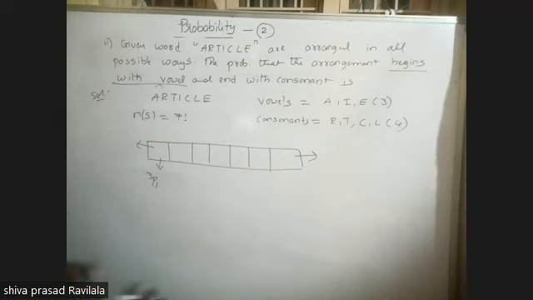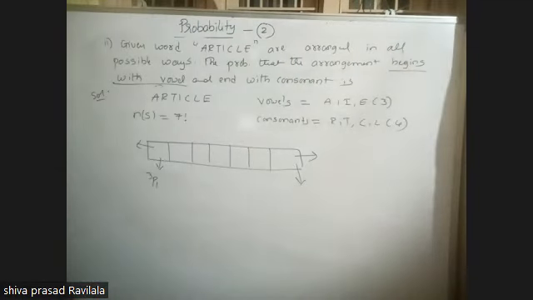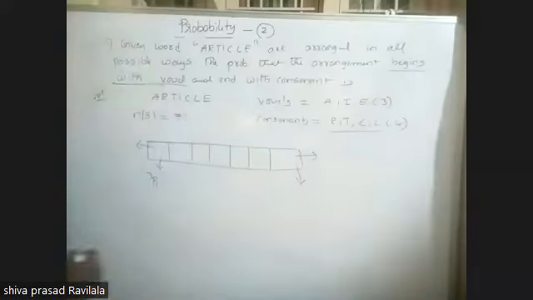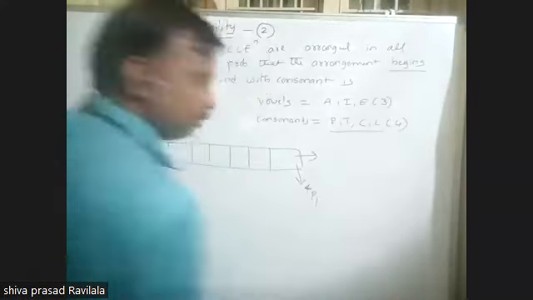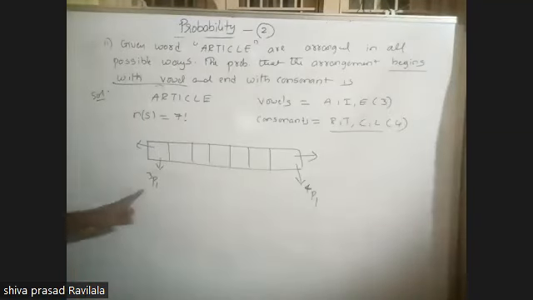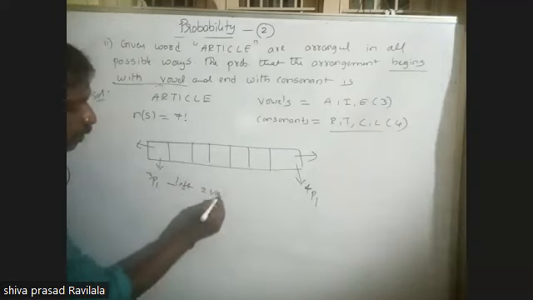And second one, the last case. Here the last place ends with a consonant. Here we have how many consonants? 4 consonants. Therefore, this can be done in 4P1. Observe here, I used only one vowel and left 2 vowels.